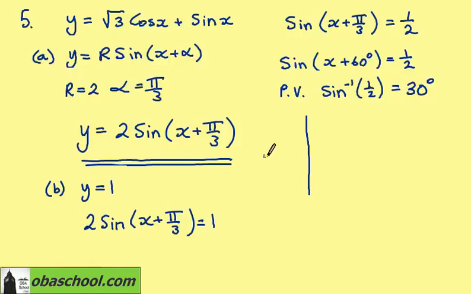If we draw a CAST diagram, 30 degrees is in the A quadrant, and for a positive sine, the other angle will be in the S quadrant, and symmetry means 30 degrees from the horizontal axis.